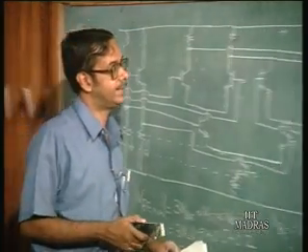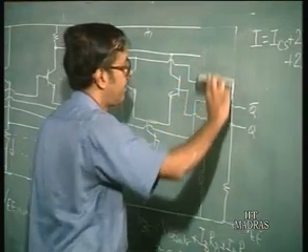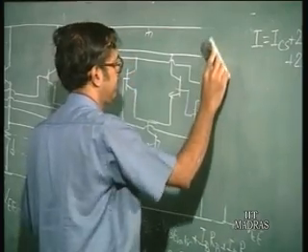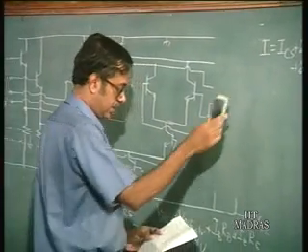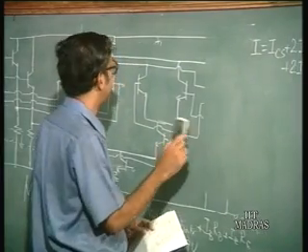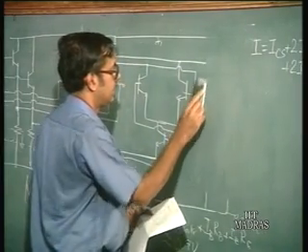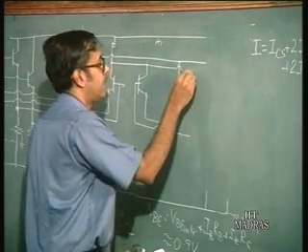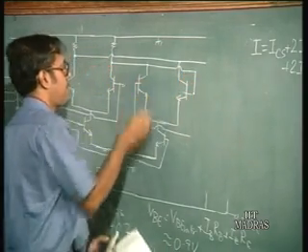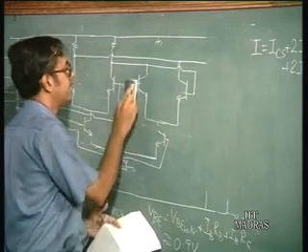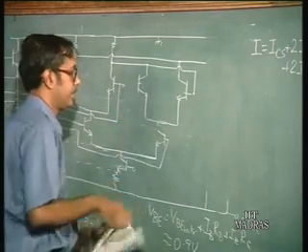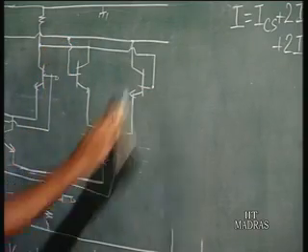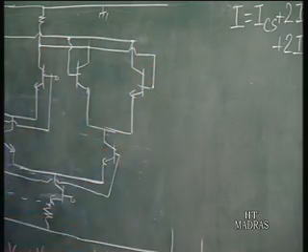Firstly, what you can do is you can remove these emitter follower stages. Okay. So basically what you have now is this goes in directly here, and here goes in directly here. Okay. So you have removed the emitter follower.